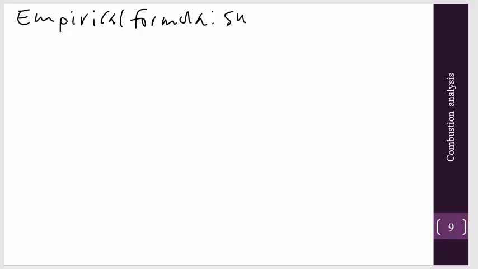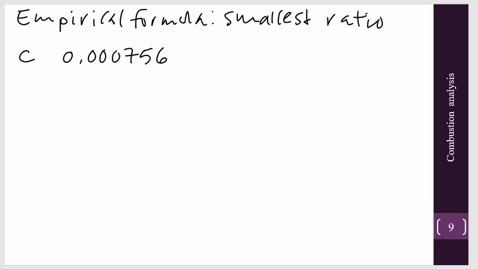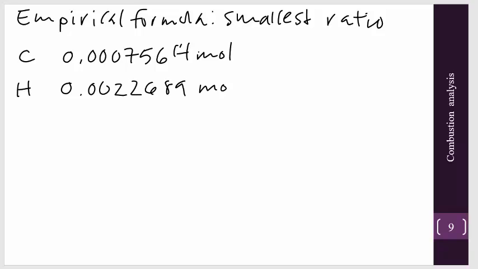The smallest whole number ratio. So we have carbon, which was the moles of carbon. We have hydrogen. And now oxygen.